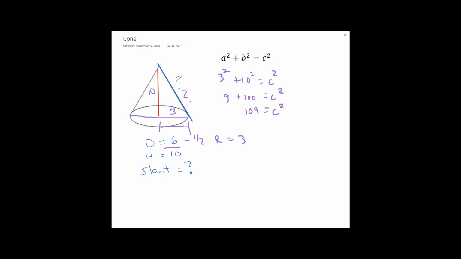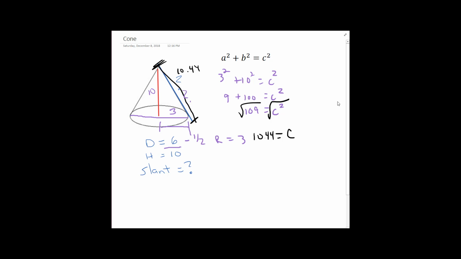And then, to do our finishing steps, we will square root, and the square root of 109 is 10.44. So now we have c equals 10.44. So there is the length of our slant. From here to here, all the way down, we've just determined is 10.44.